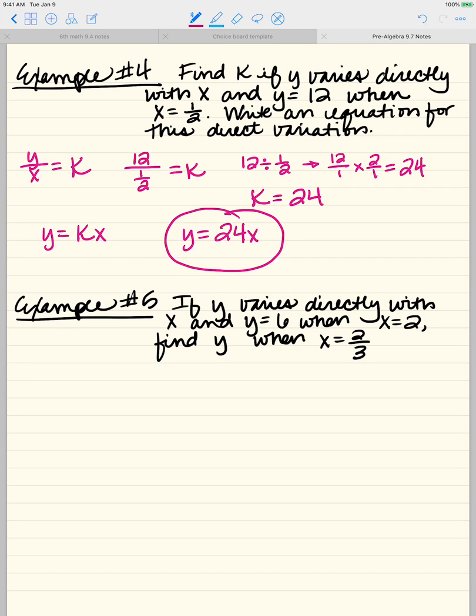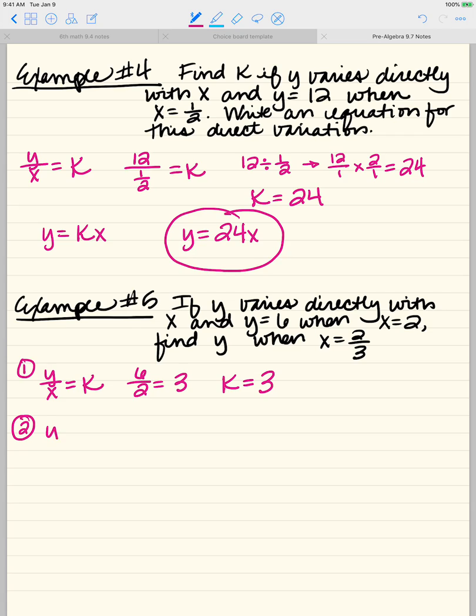I can't do that unless I know what k is. So step number 1 is establish what is k. If y varies directly with x and y is equal to 6 when x is equal to 2, 6 divided by 2 is 3. So k for this variation, our constant of variation k, is 3.